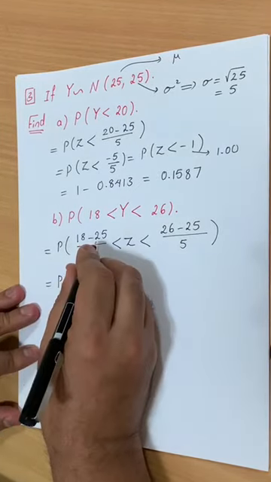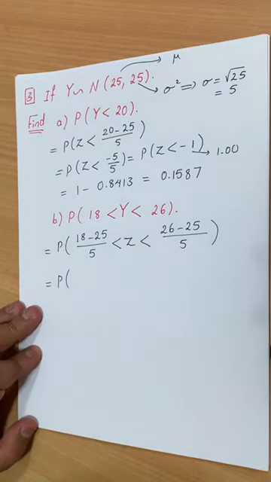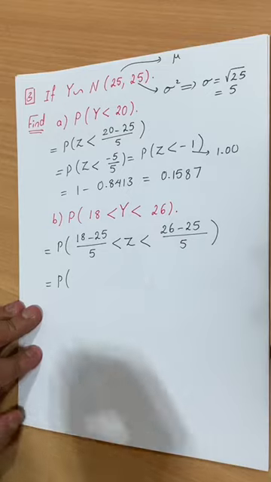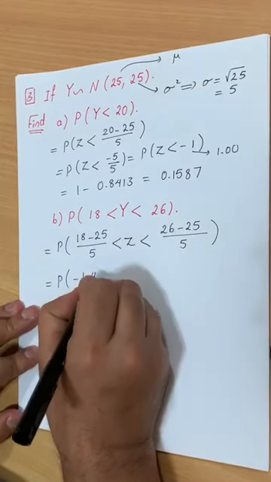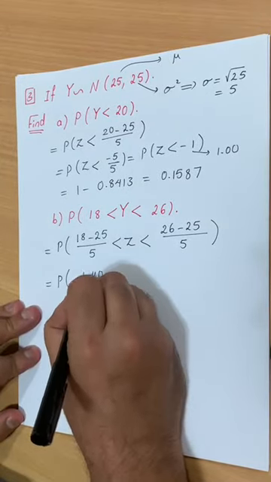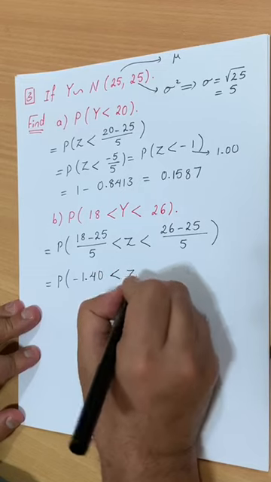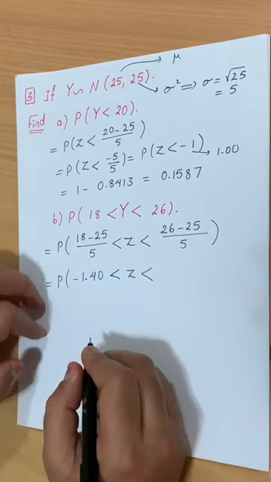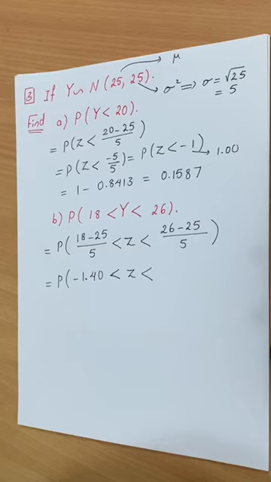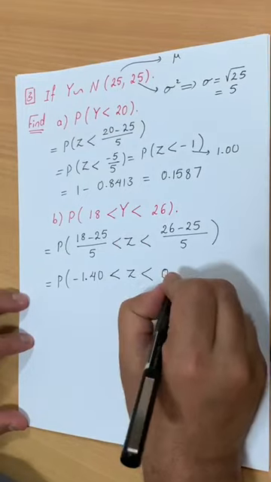Probability of 18 minus 25 is negative 7, so negative 7 divided by 5 is equal to negative 1.4 or negative 1.40. Less than, z less than 26 minus 25 is 1, and 1 divided by 5 is equal to 0.2 or 0.20.